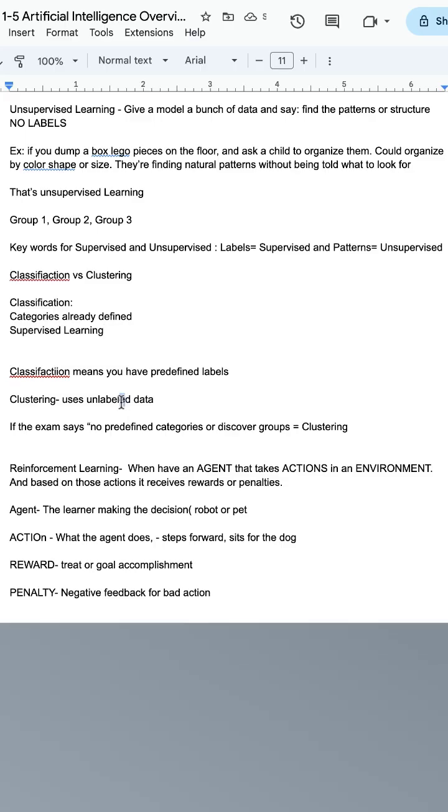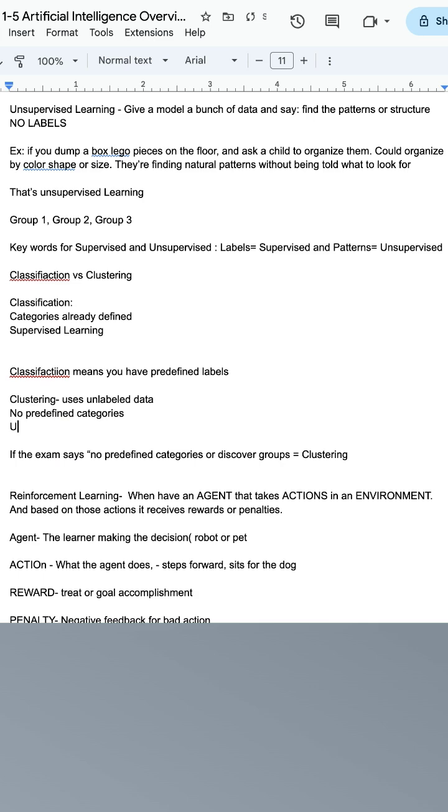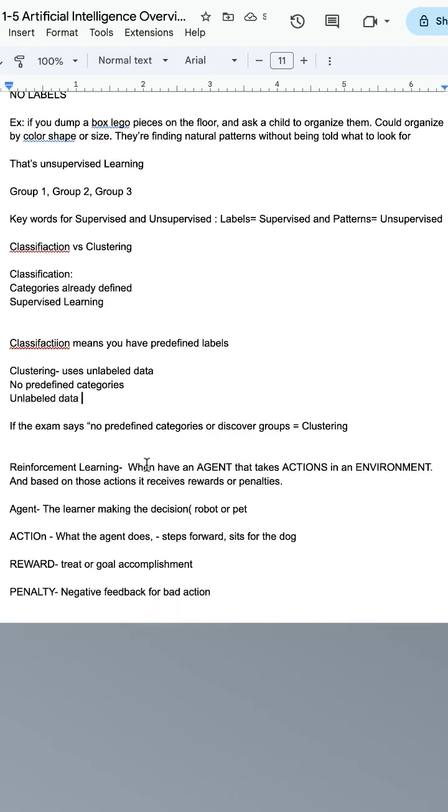Notice clustering uses unlabeled data, so there are no predefined categories. If the exam asks which one, and it will, and it says no predefined categories or no predefined groups, automatically lean towards unsupervised learning as the answer.